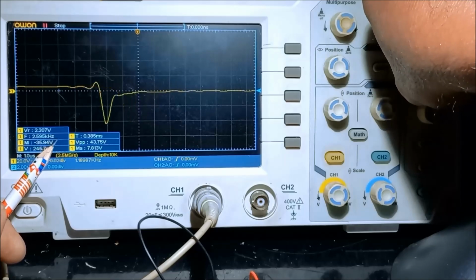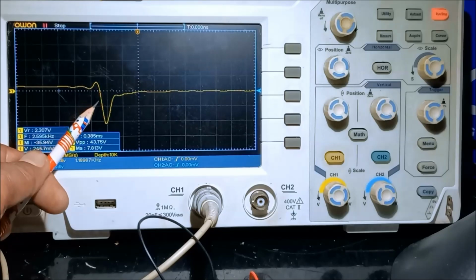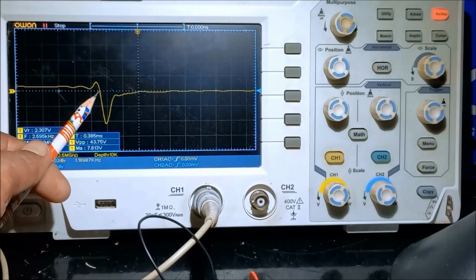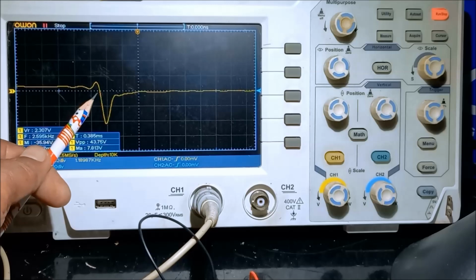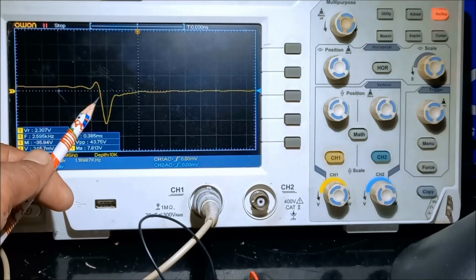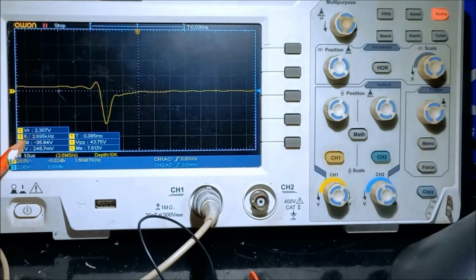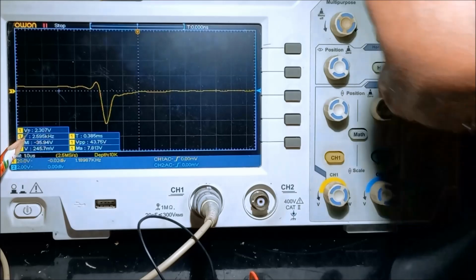So here we can see there is a voltage spike produced by the circuit into the negative region, or the discharging of the capacitor, this one. And we have this VRMS 2.3, and it has a frequency of 2.595 kilohertz.